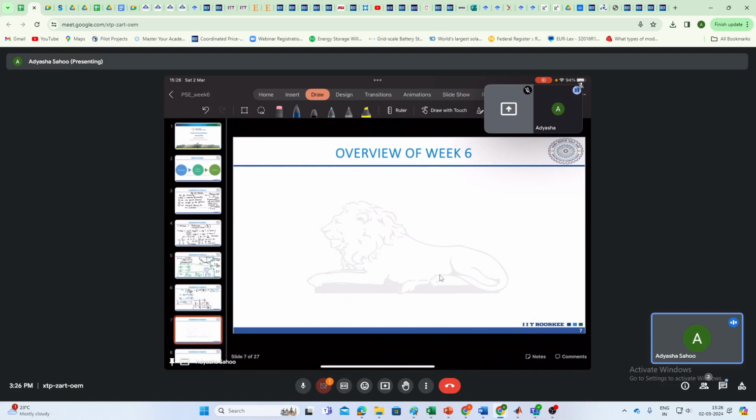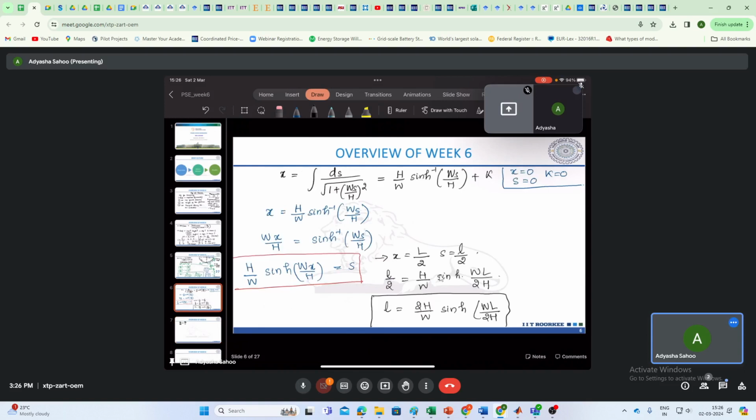So taking that relation, dy by dx is ws by h, and if you see from this equation you can write ws by h is sine hyperbolic wx by h.